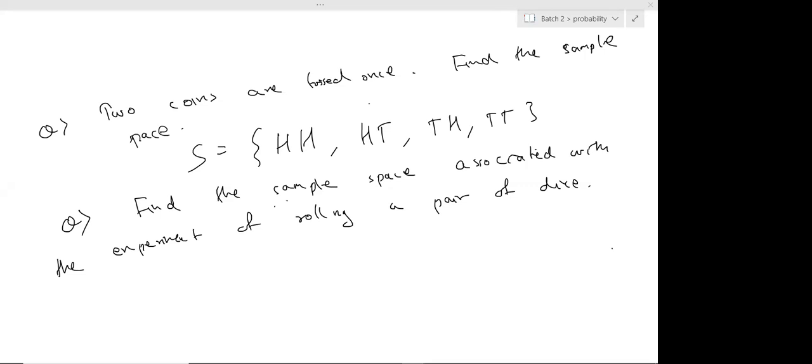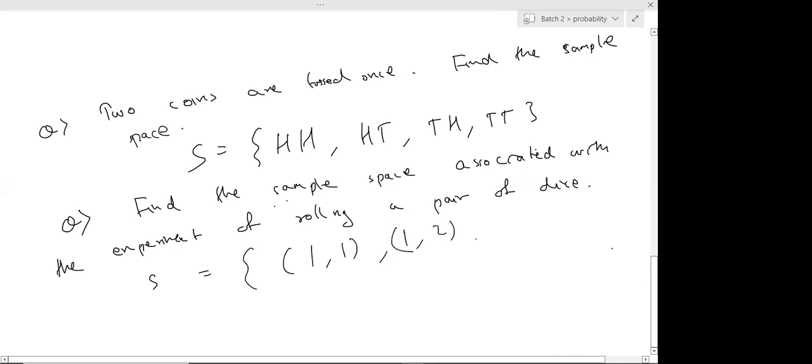This is very simple to calculate. You can get 1 on the first die and 1 on the second, 1 and 2, 1 and 3, and so on till (1,6).